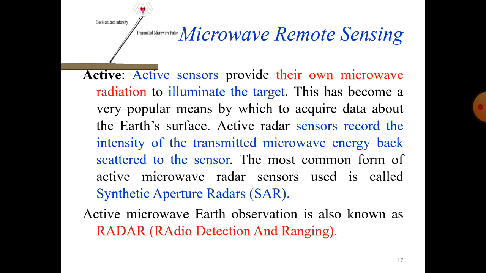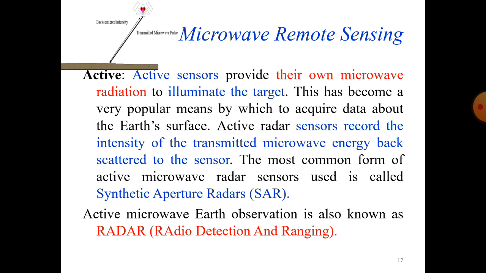The second type we have is active microwave remote sensing. Here the same source acts as the emitter of microwaves, and the sensor collects the information. In active microwave remote sensing, we make use of the radar type which we call synthetic aperture radars.